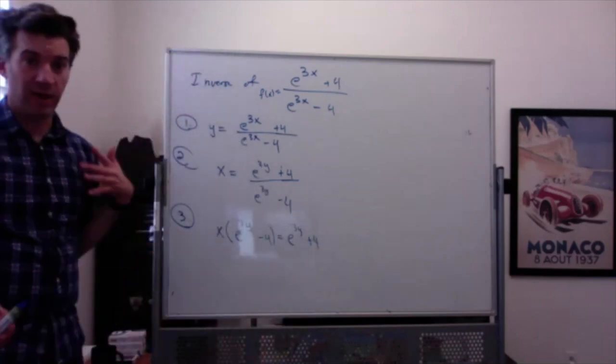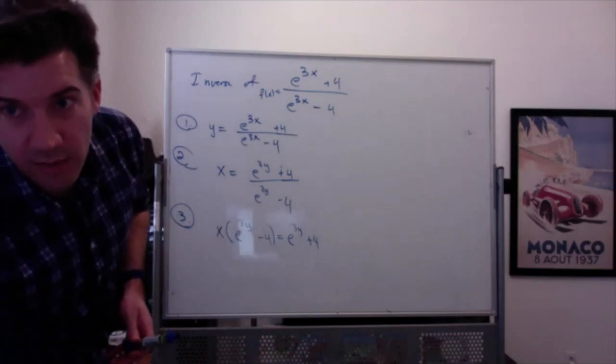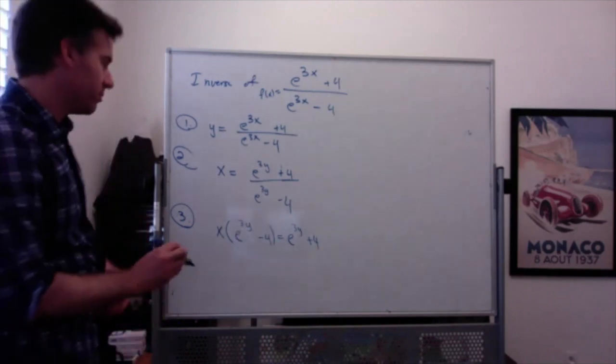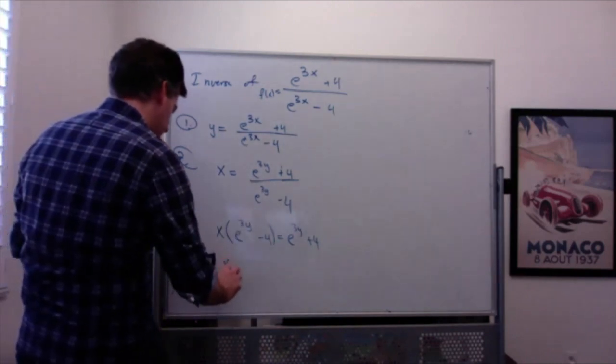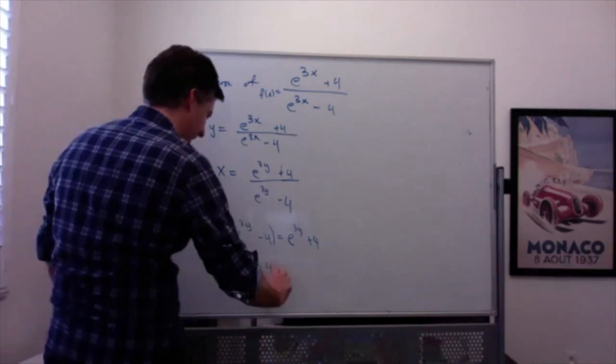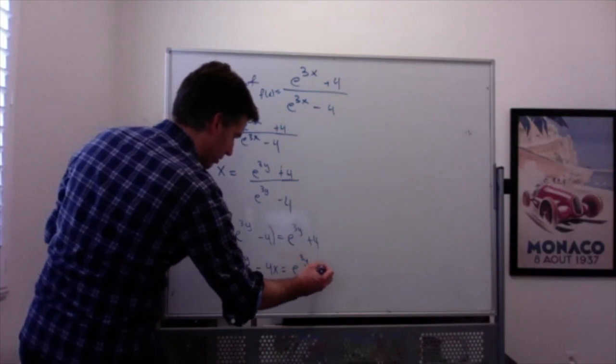And then we're going to multiply out the x. It's almost always a good idea to do that. So I've got x times e to the 3y minus 4 times x equal to e to the 3y plus 4.